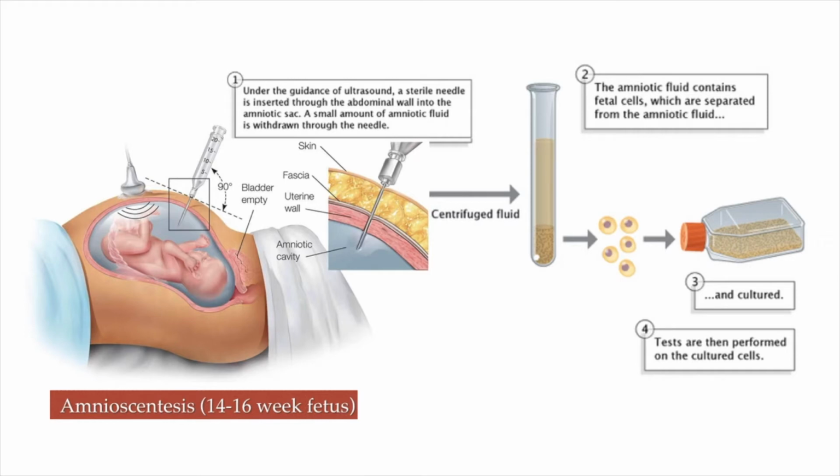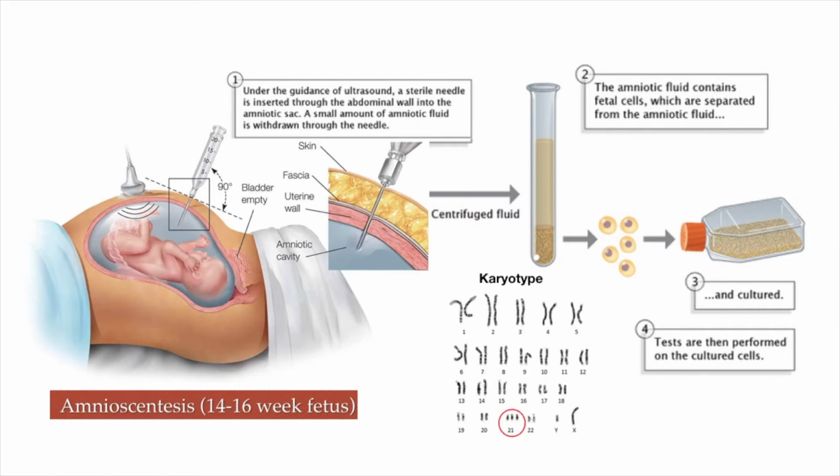Now, amniocentesis can only be safely performed within a narrow range of time while the baby is in utero. And so once the amniotic fluid is removed, it can be centrifuged so that the fetal cells can be separated. They need to be cultured in a petri dish so that they can grow and divide, so that we have enough cells so that then a karyotype can be performed.